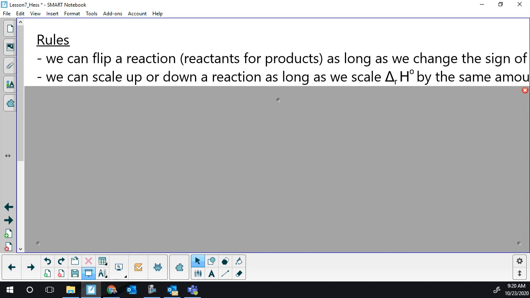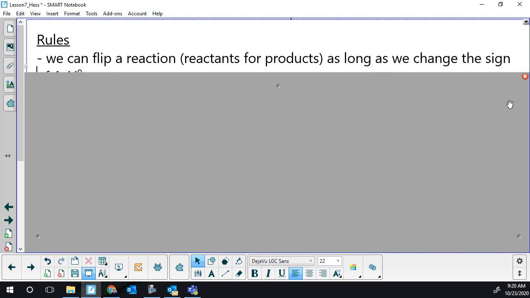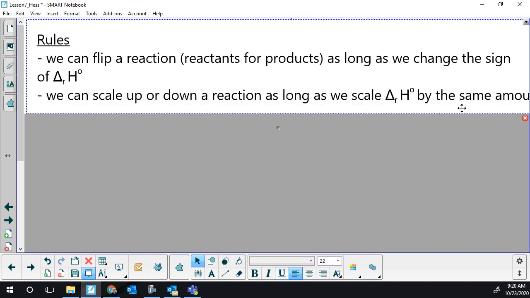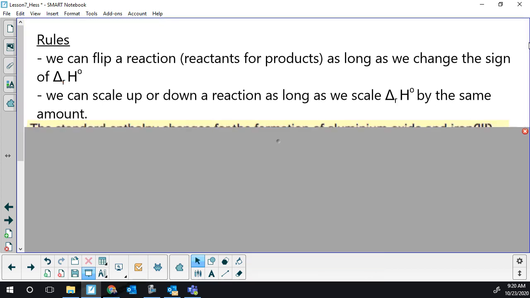We can flip reactants and products as long as we flip the sign of delta H. So if a reaction releases 100 joules in one direction, if we flip it, it's going to take in 100 joules.